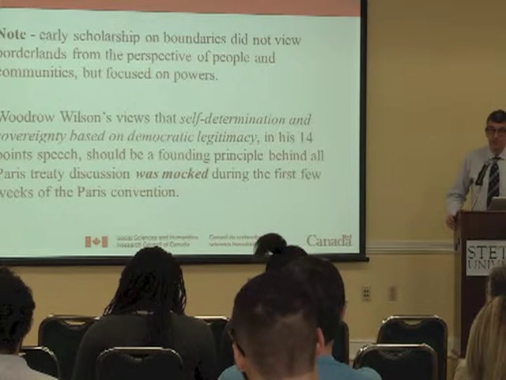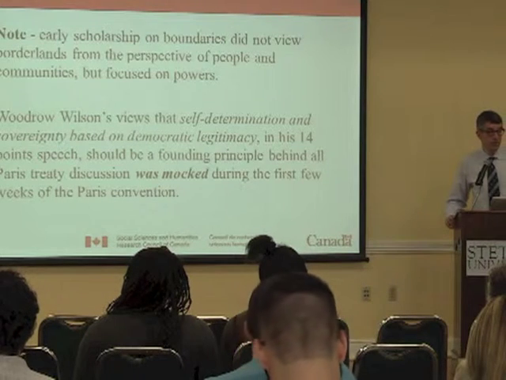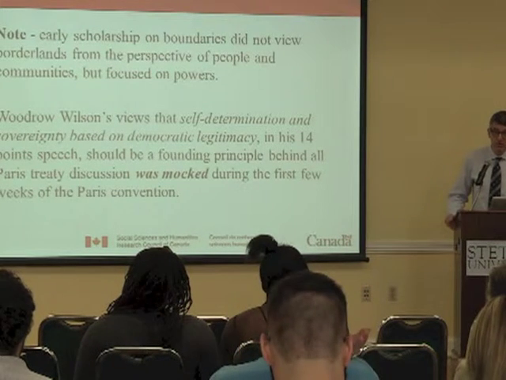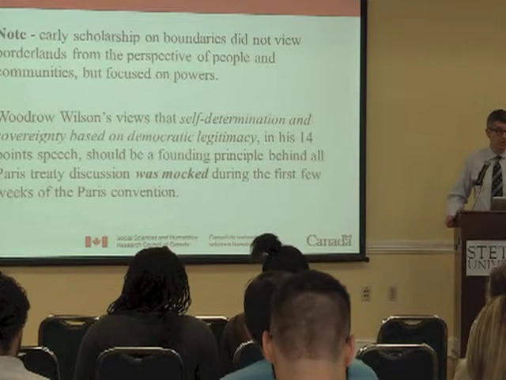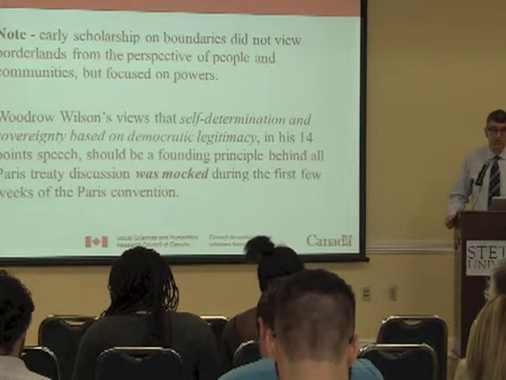People laughed at him. He was doubtful that he would be appreciated when he arrived in Paris because none of the diplomatic corps in the European empires had taken those ideas seriously.